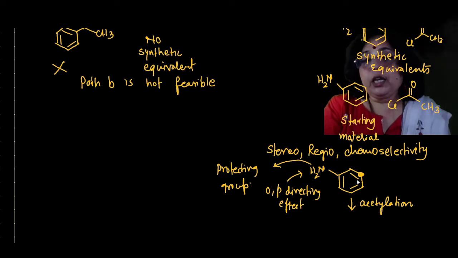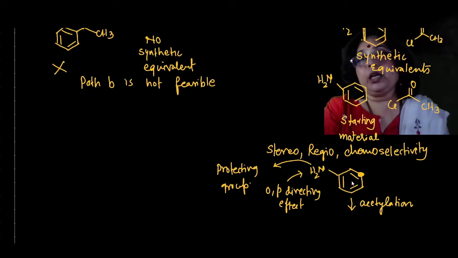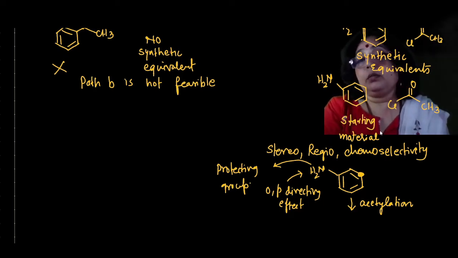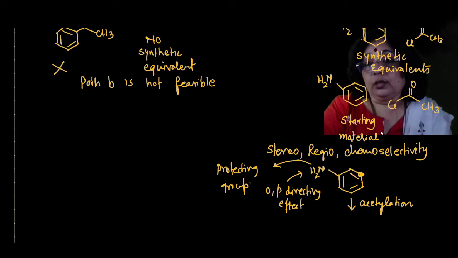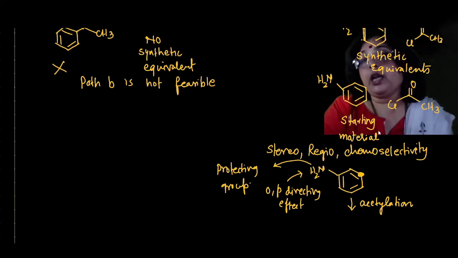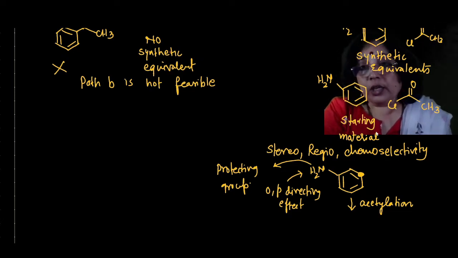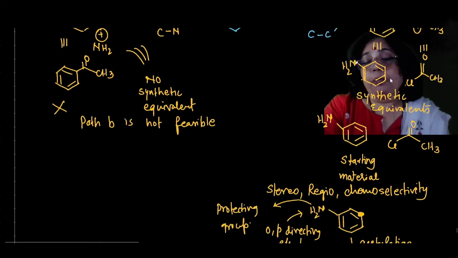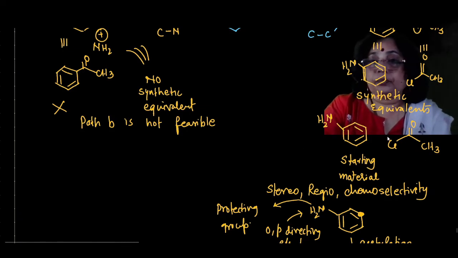So there is a need to think over whether this disconnection approach will work or not. Whether the stereoselectivity, the regioselectivity and the chemoselectivity work over here or not. When we apply this B disconnection, we obtain aniline and acetyl chloride as starting materials.